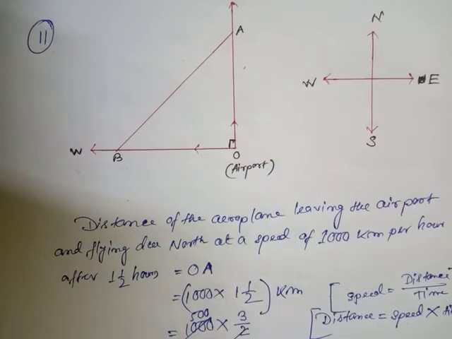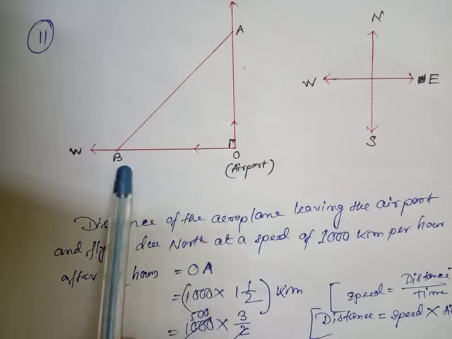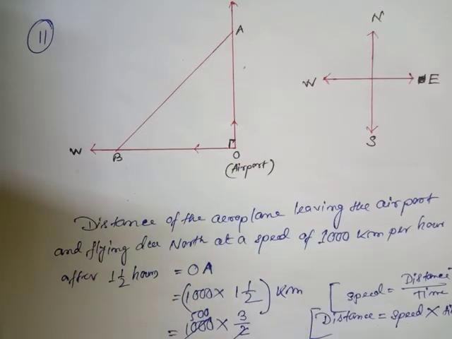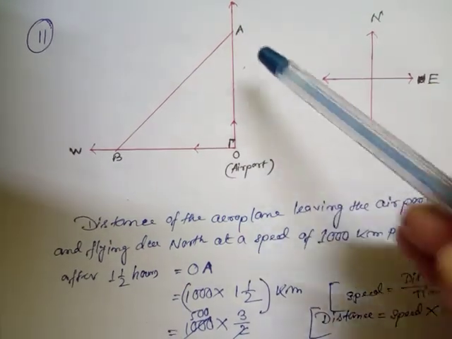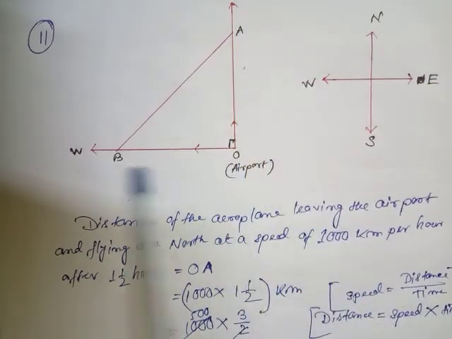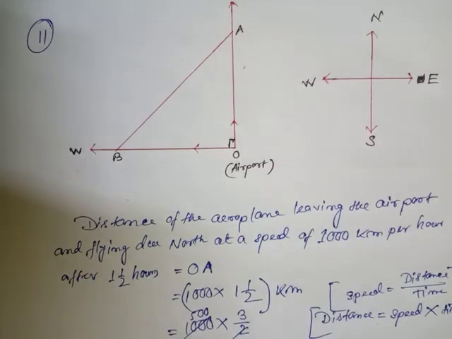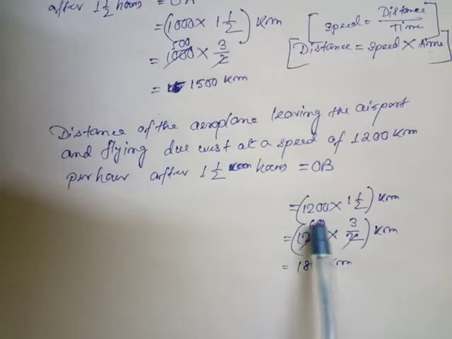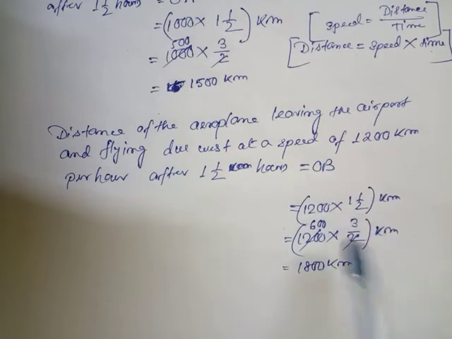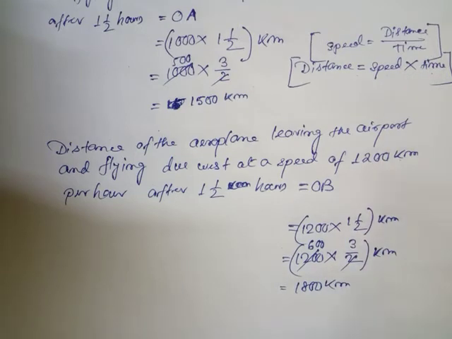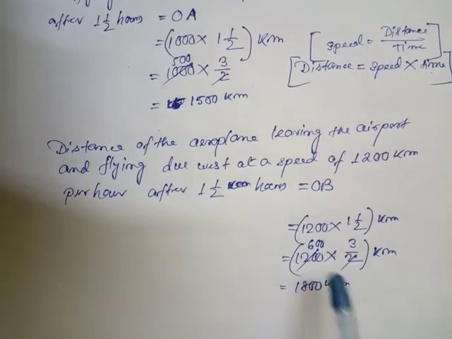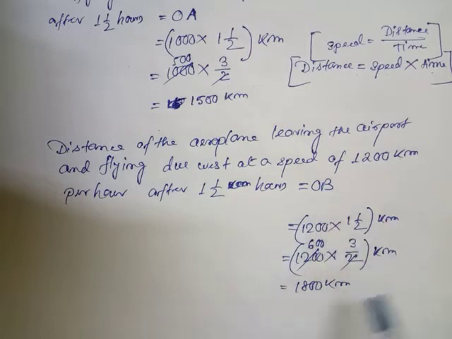The distance of OA is 1500 km and OB equals 1800 km. Look here students, 1200 into 1.5. Using the same formula, distance equals speed into time, so OB equals 1800 km.